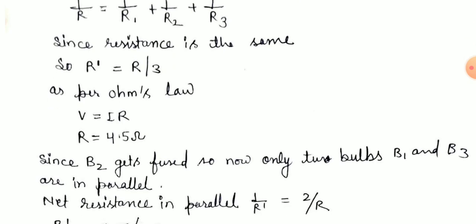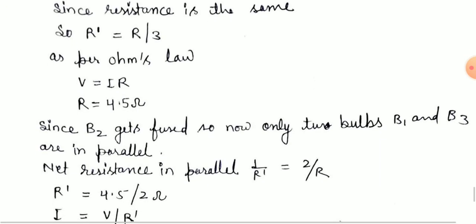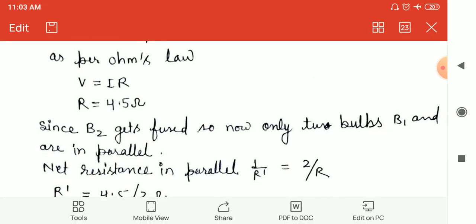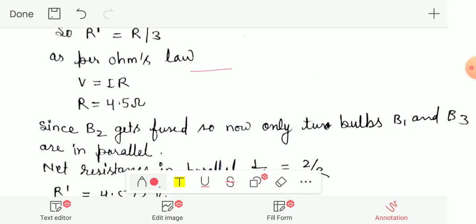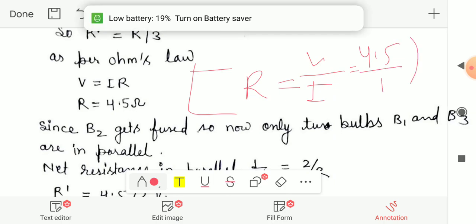As per Ohm's law, V equal to IR, the value of R will be 4.5, because the value of I is 1 and R equals V upon I. So the value of V is 4.5, I is 1, then R will be 4.5 ohm.